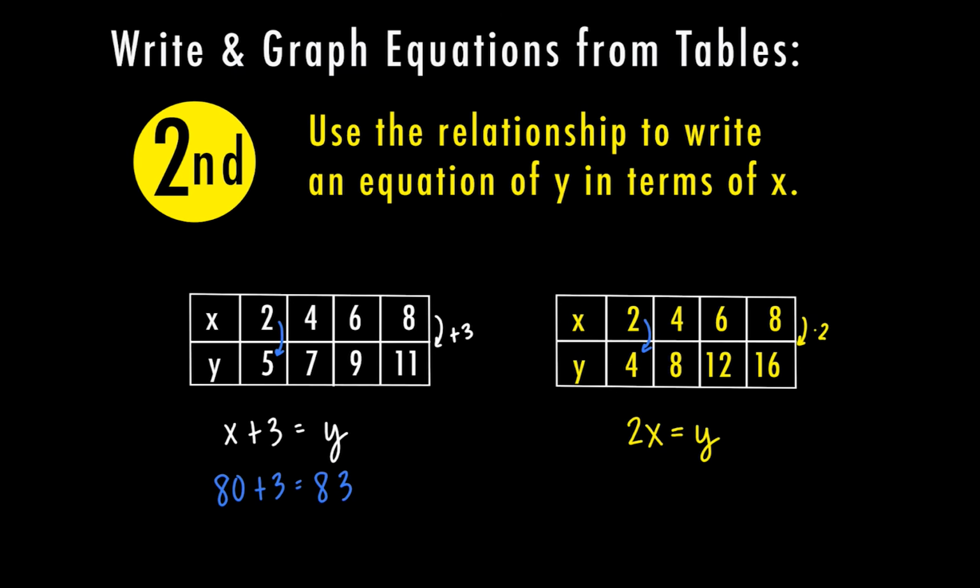And then same thing for my other one. If I were to plug in an 80, 2 times 80 means that y would equal 160. So using an equation to go with your table is helpful if you're trying to solve especially larger numbers, or if you're trying to see the pattern.